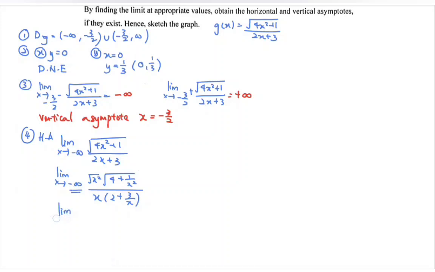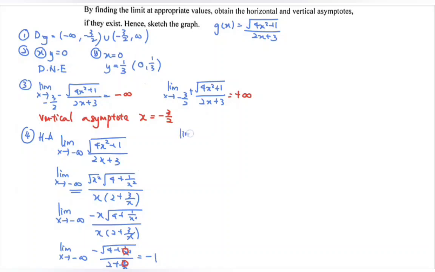So limit when x approaches negative infinity, we have negative x square root of 4 plus 1 over x squared over x times 2 plus 3 over x. This becomes negative square root of 4 plus 1 over x squared over 2 plus 3 over x. So if we substitute, here we will have 0, here we will have 0. So we will have negative 1.